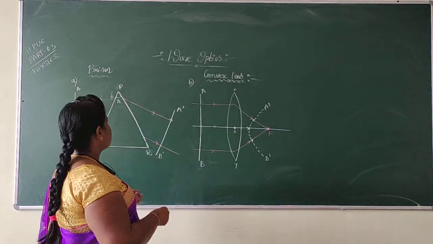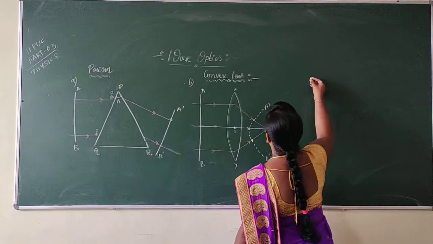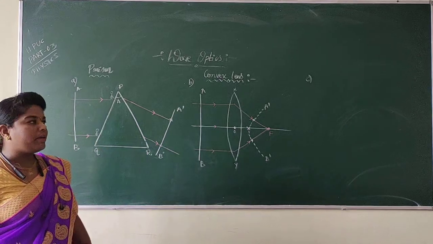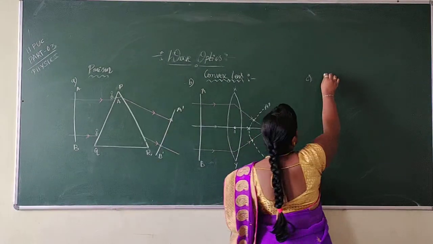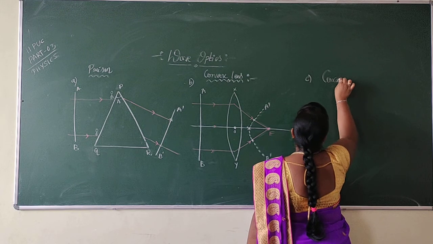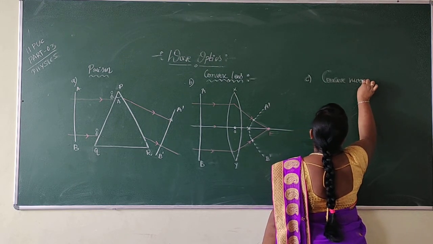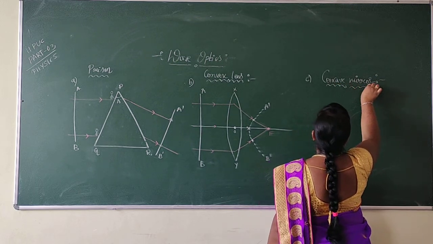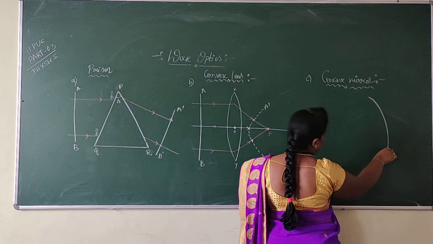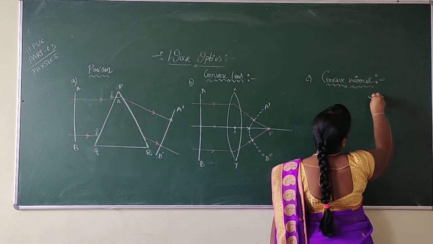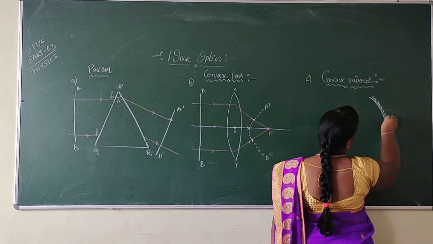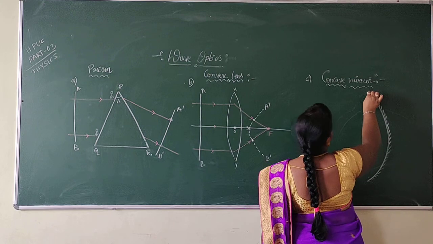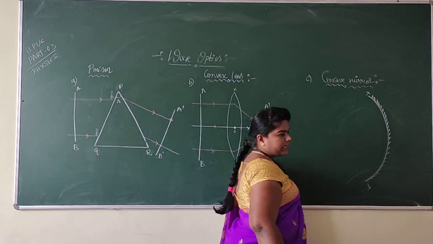Now let us move towards the discussion of the concave mirror. That is, how to draw the reflected wavefront for a concave mirror. Okay, correct. Let XYZ be the concave mirror.